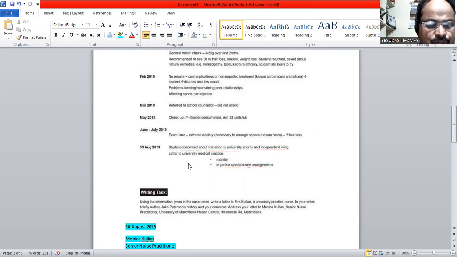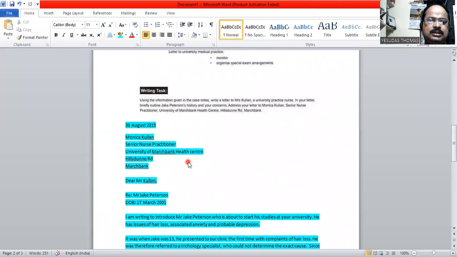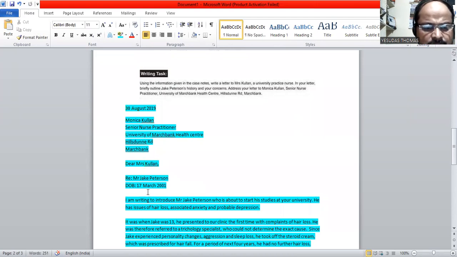Looking at today's date, that is 30 August 2019, Monica Cullen, so the address is there. Dear Mrs. Cullen, sorry, it's Mrs. Cullen. Reference Jake Peterson.